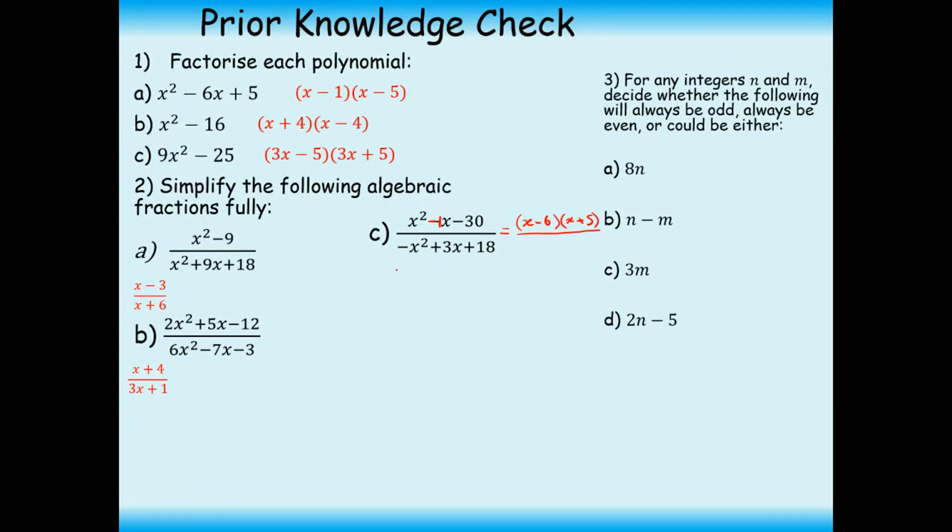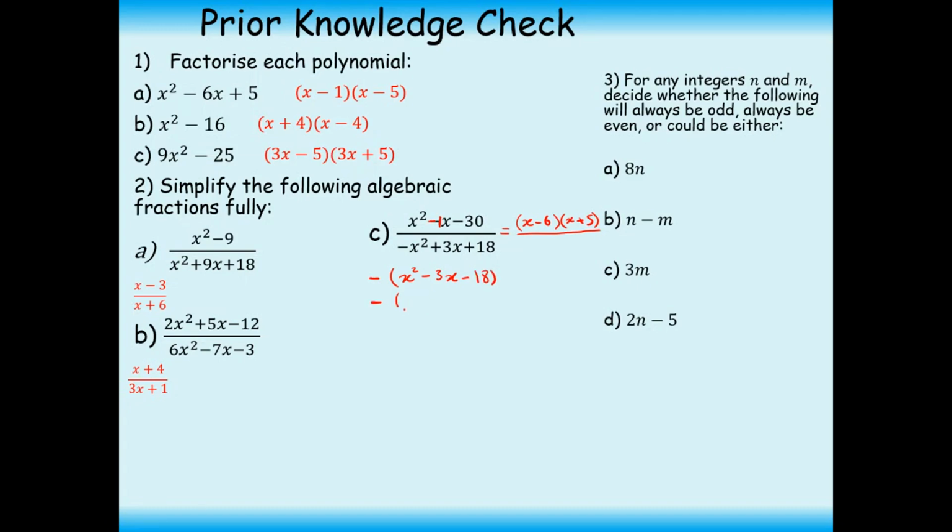Okay, the denominator is rather tricky because of the negative sign in front of x squared. We're going to factor out the minus sign and write the whole denominator completely differently. I'm going to write minus 3x because I factorized the minus 1 out, and minus 18.